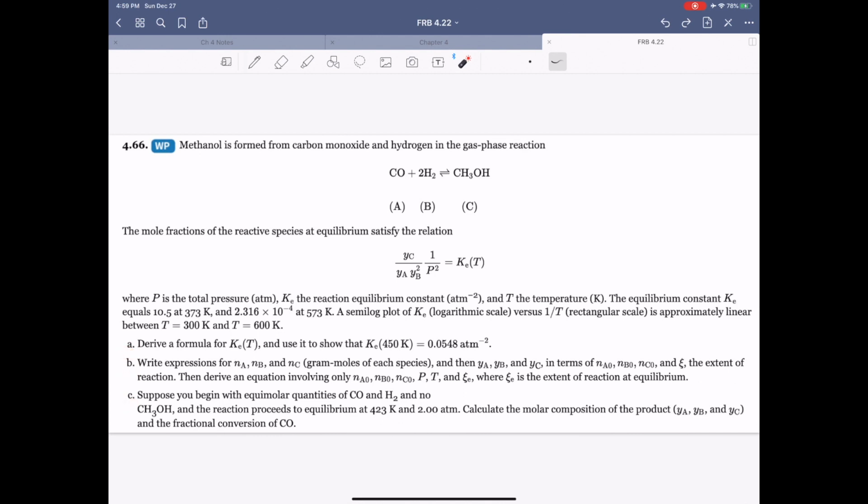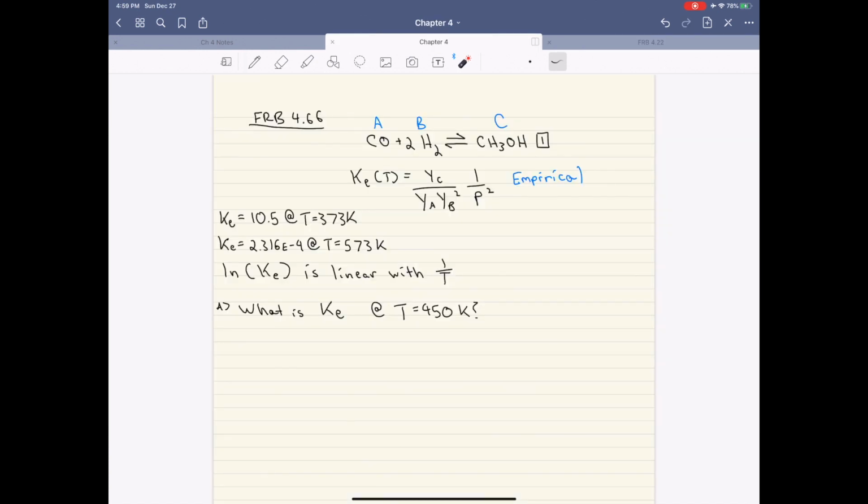So to start this problem, I'm just going to write down a few pieces of pertinent information. I wrote down the reaction here, and I'm going to call carbon monoxide A, hydrogen gas B, and methanol C, just for brevity, to make writing down all the chemicals and species much easier. I also wrote down the equilibrium constant equation that we're given.